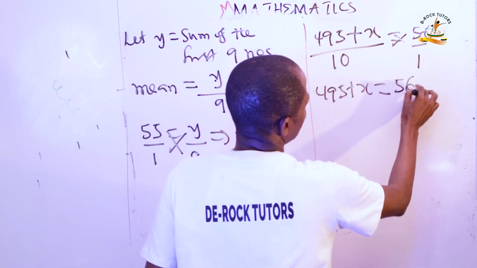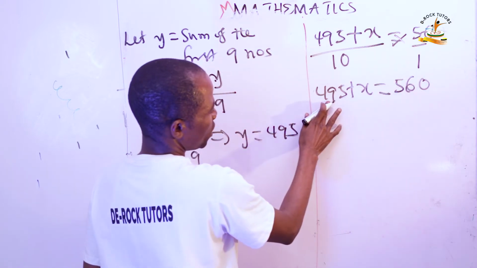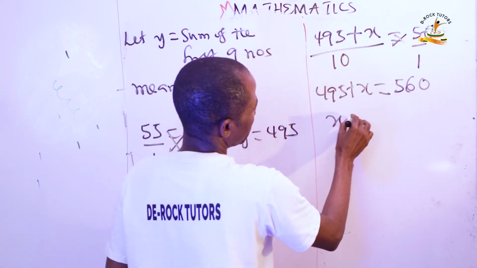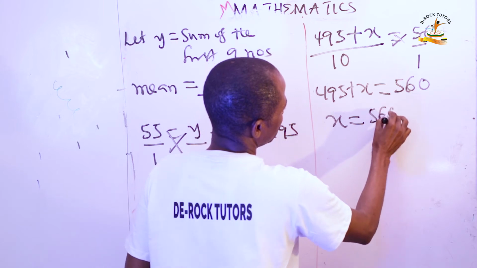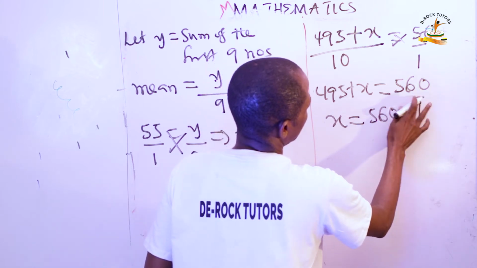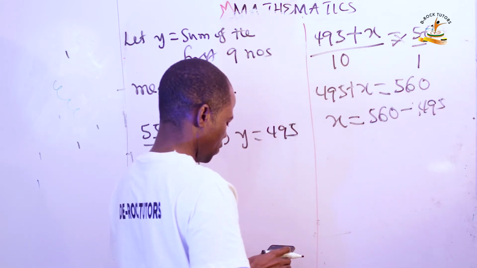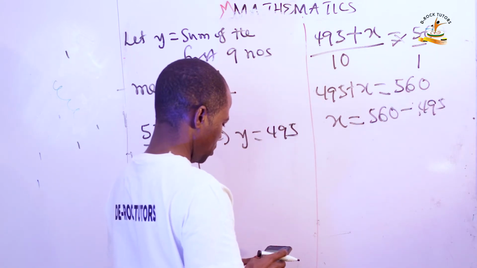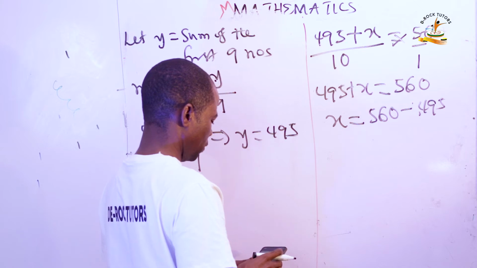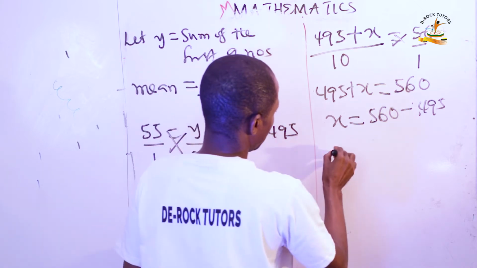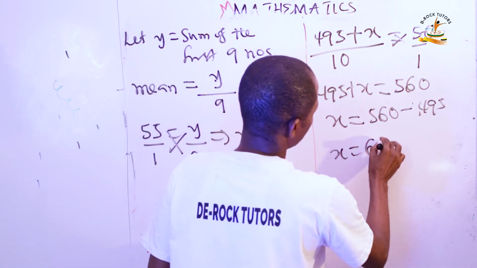That's 560. If you subtract 495 from both sides, x will be 560 minus 495. If you use a calculator, 560 minus 495 will give us 65. So x is equal to 65.